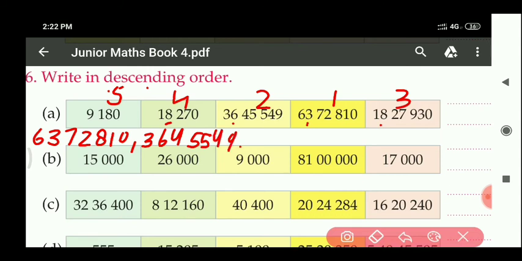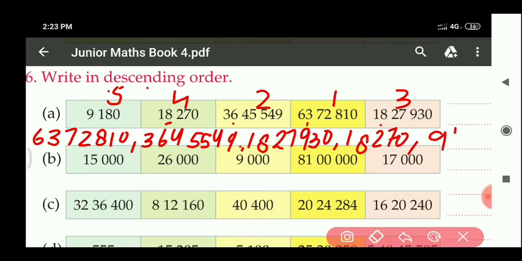Third one, what is coming? 18 lakh 27,930. Okay. Fourth one is coming 18,270, comma, last one 9,180. You can arrange these numbers like this only. Okay.